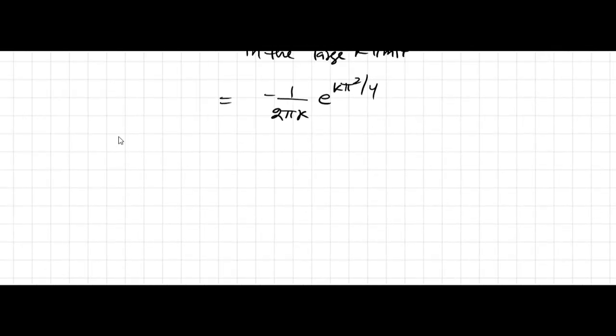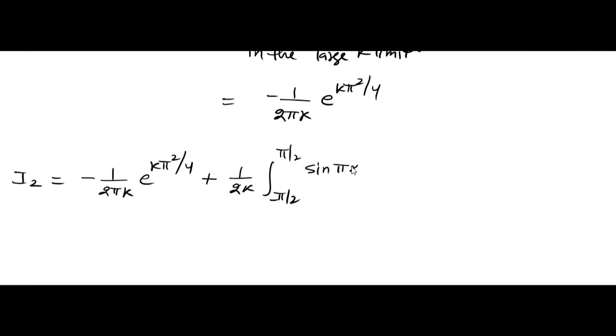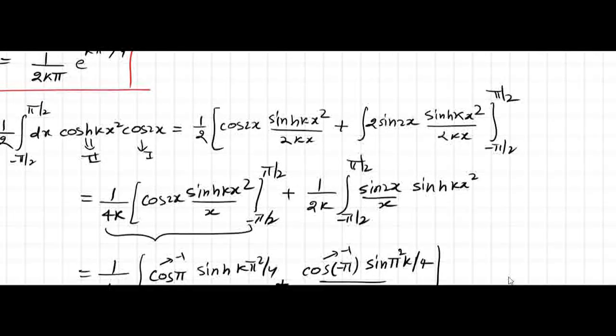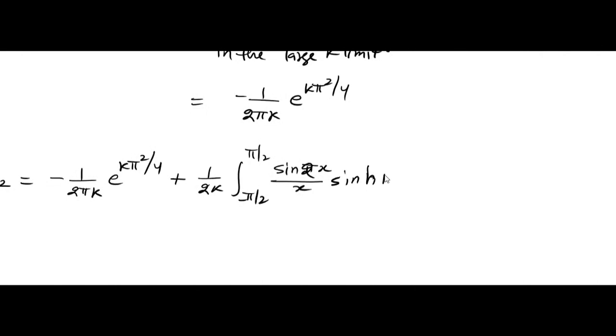So our I2 will be minus 1 over 2 pi k e to the k pi square by 4, and the remaining part was 1 over 2k integral from minus pi by 2 to pi by 2 of sine 2x by x sinh(k x square) dx.